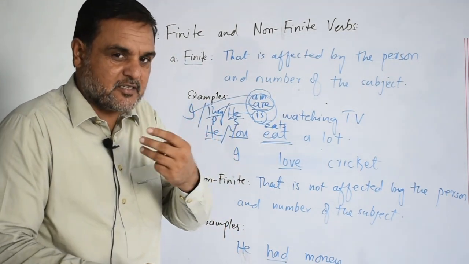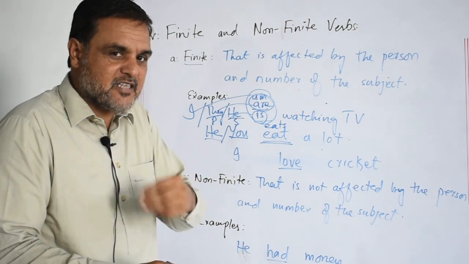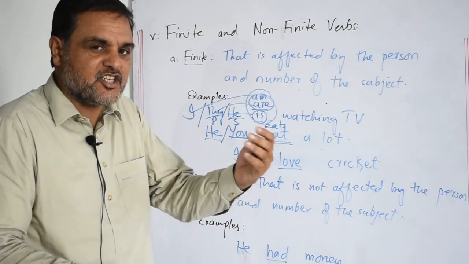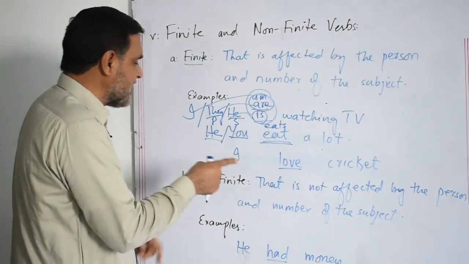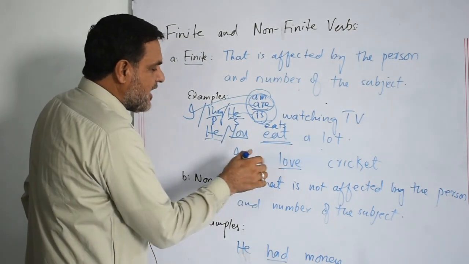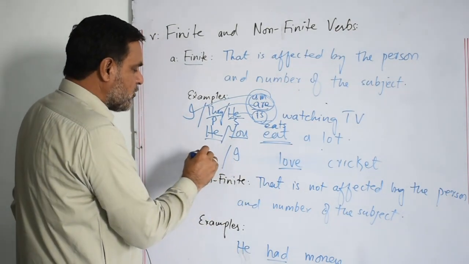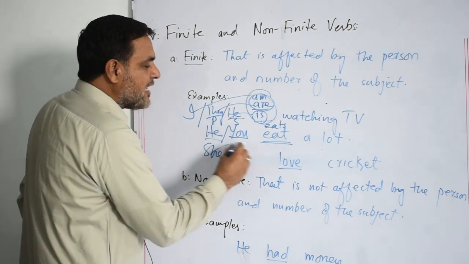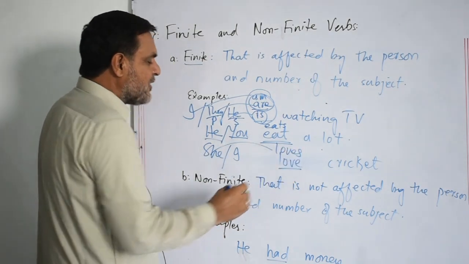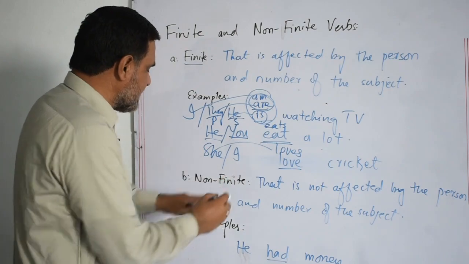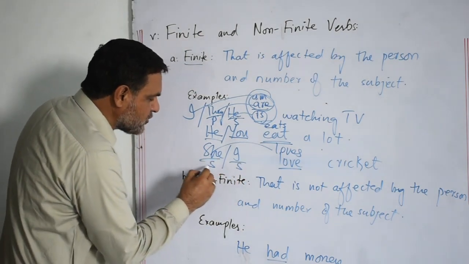There are three persons. First person, I, second person, you, third person, he, she, it, or they. In the same way, I love cricket. What about she? She loves cricket. So see, as the person changes, this is singular and this is also singular.